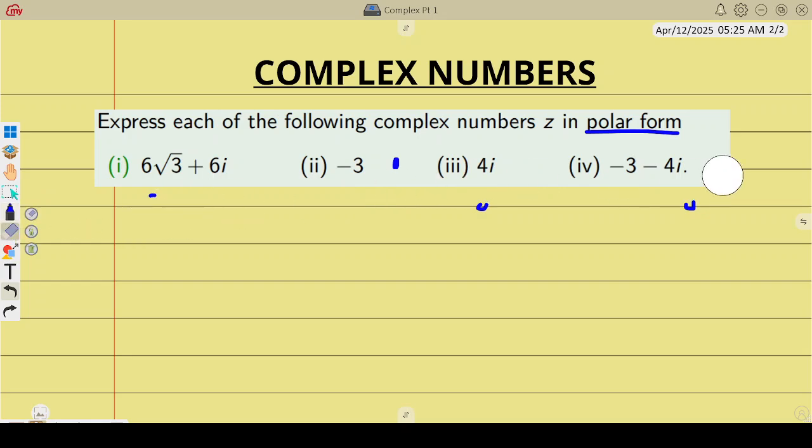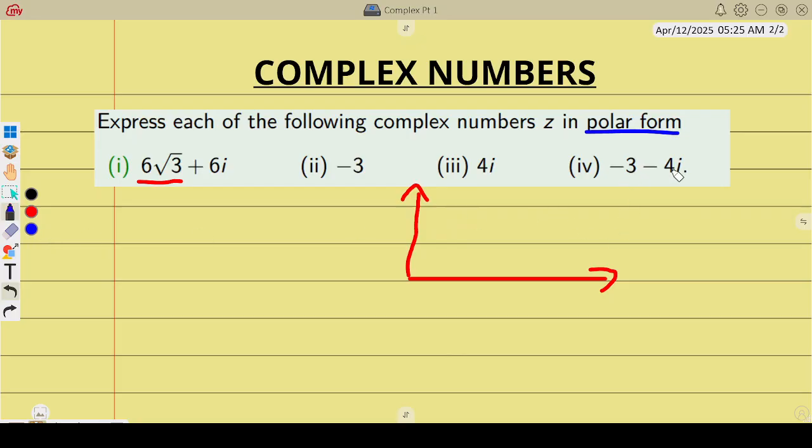You need to know how to graph each of these. The very simple way of graphing is to know that when x is positive, the line goes to the right, and when y is positive, the line on the y-axis goes up.